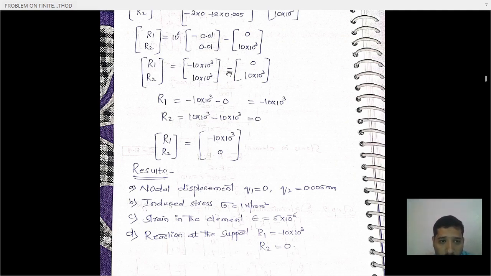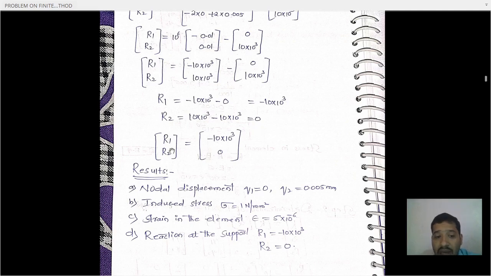Consider the top row for R1 and the bottom row for R2. R1 equals minus 10 into 10 power of 3 minus 0, which is minus 10 into 10 power of 3. R2 equals 10 into 10 power of 3 minus 10 into 10 power of 3. Subtracting, you get 0.